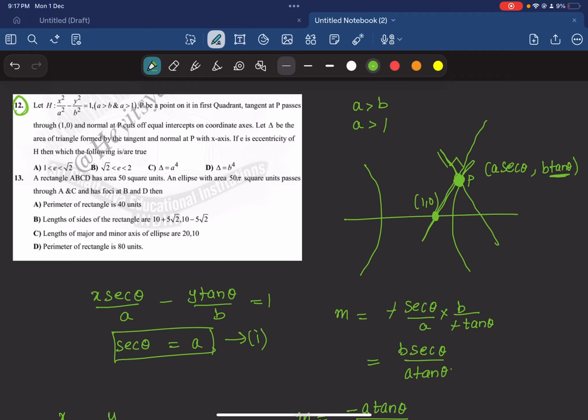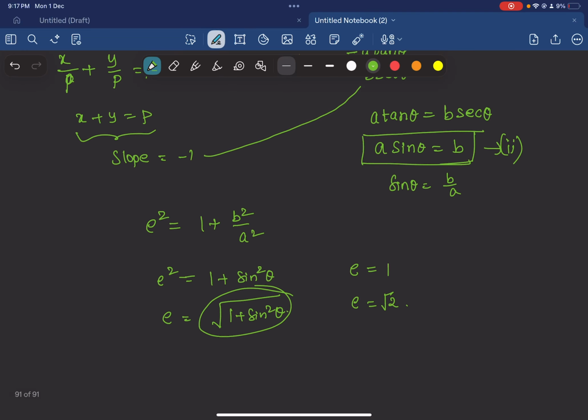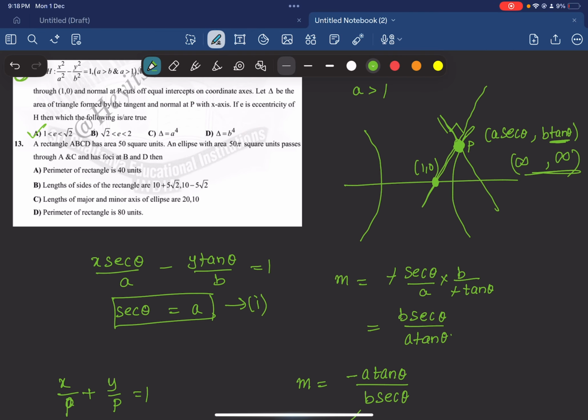When theta is 90 degrees, this will go to infinity, and so this also will go to infinity. So therefore theta will never become pi by 2, but it will tend to pi by 2. So therefore it will not be less than or equal to, so it will simply be 1 less than E less than root 2. So this is the condition on eccentricity. So the first option is correct.